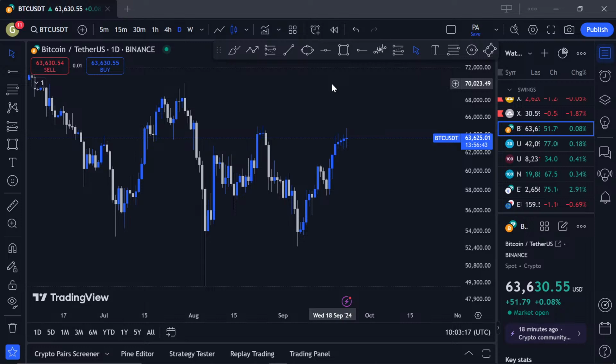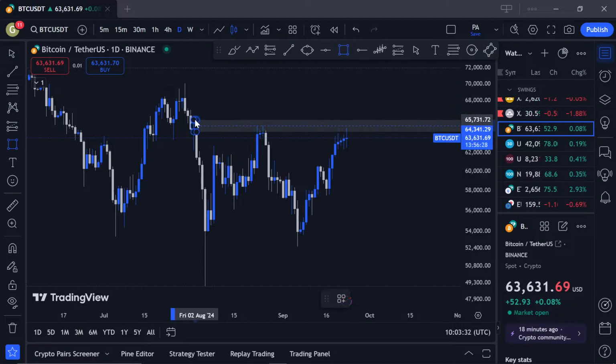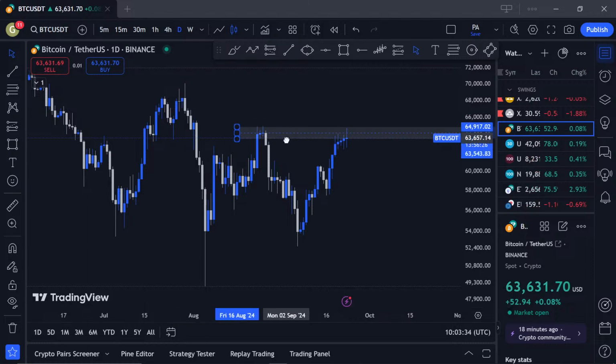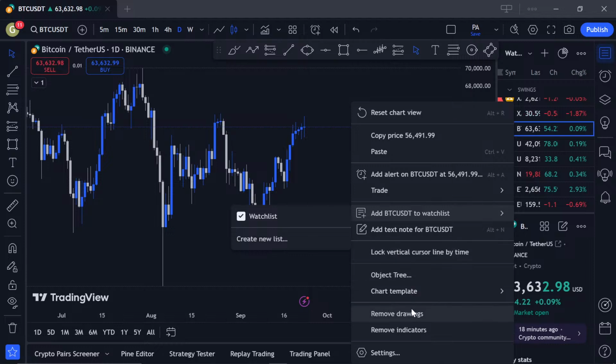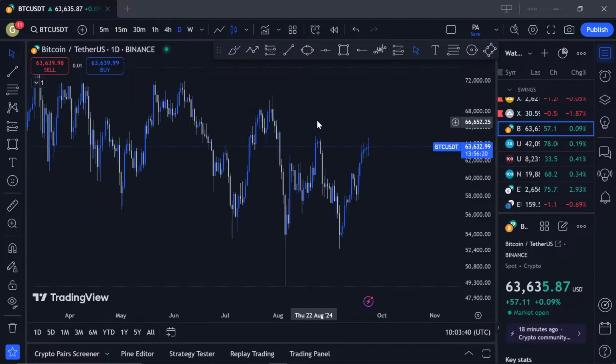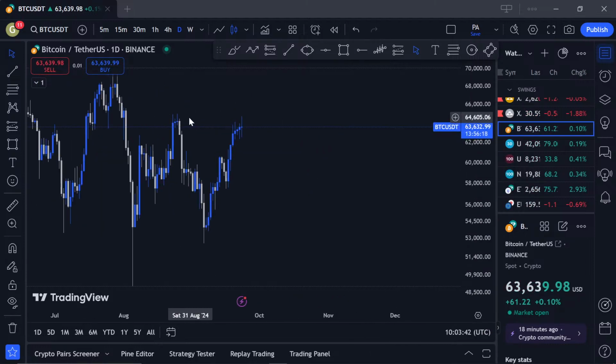BTC is giving us a reaction from a very old supply level right here, and then it's back to test the area again, which is this one here. So BTC is still all about the sell side, considering that it is trying to create a double top pattern right here.